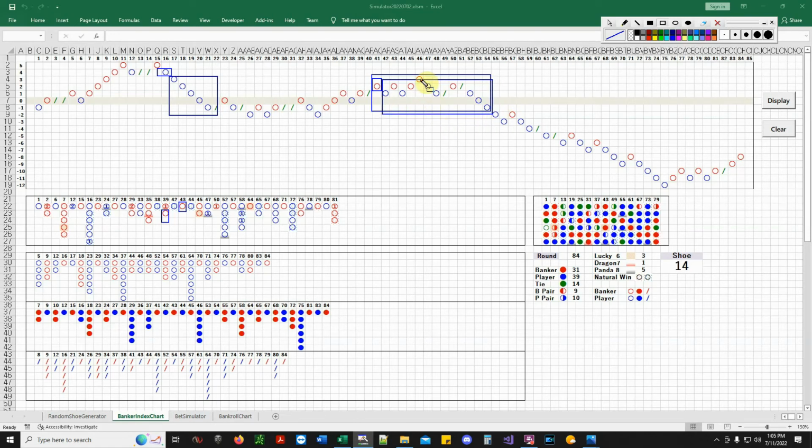Then it goes and makes a new high at hand 46, 45. That's hand 46 right there.